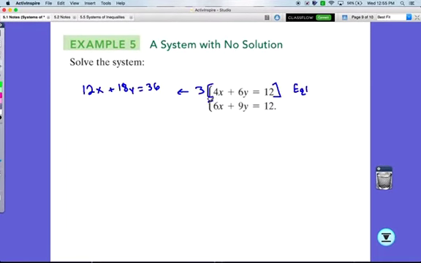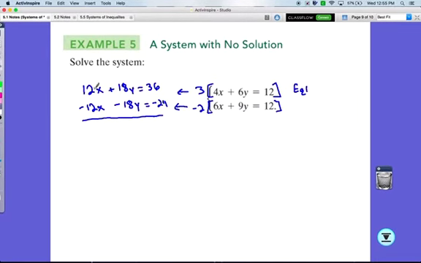I want the bottom one, x, to be a negative 12. So if I multiply that by a negative 2, negative 2 times 6 gives me the negative 12x. Negative 2 times the negative 9 gives me a negative 18y. And negative 2 times the 12 gives me a negative 24. Now, you might notice something.